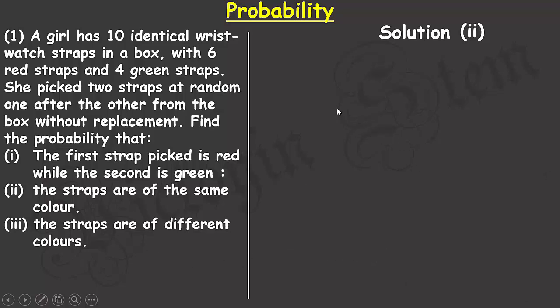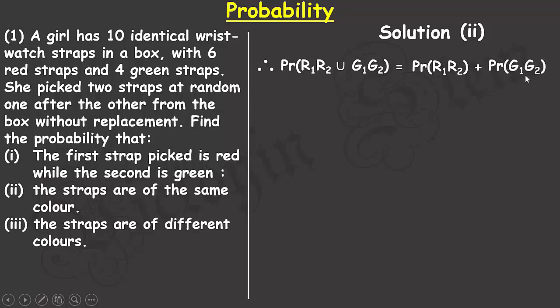Now putting these two together, the probability of picking 2 straps of the same color will be the probability of picking a red strap at the first instance and a red strap at the second instance, plus the probability of picking a green strap at the first instance and a green strap at the second instance.